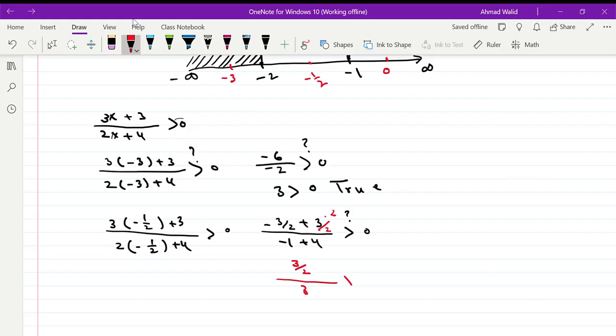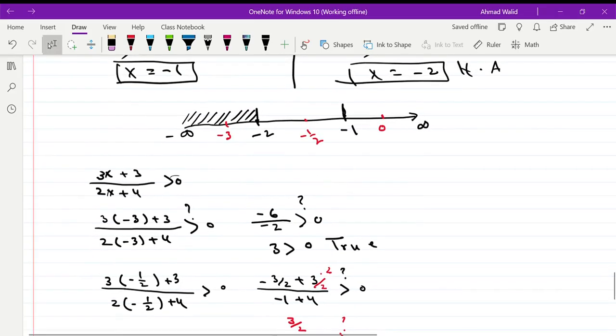I don't want to simplify, correct? Anyway, look, your left side is a positive number, and positive numbers are greater than 0, correct? Then from -2 to -1, it's also the solution of inequality because it's a true statement, correct?